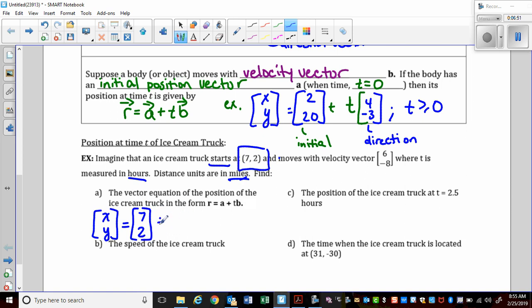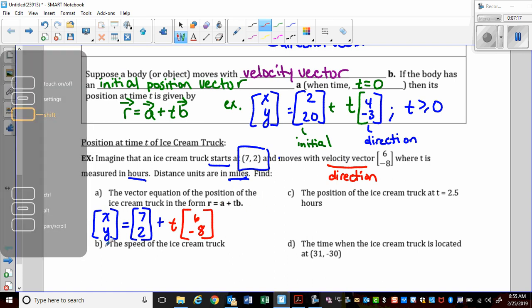And then plus our time times the directional vector. Do they give us a directional vector? Velocity vector of <6, -8>. Okay, well this is going to be our direction also. Let's write direction underneath it. Okay, so we have <6, -8>.